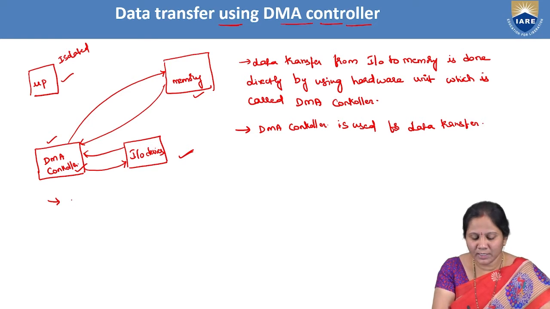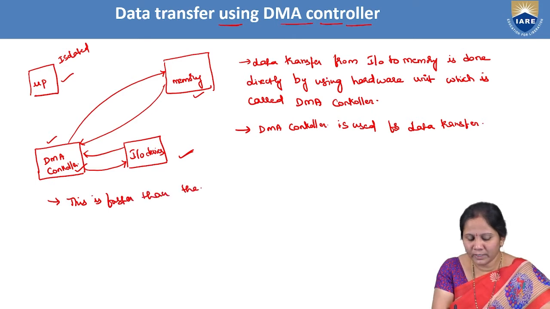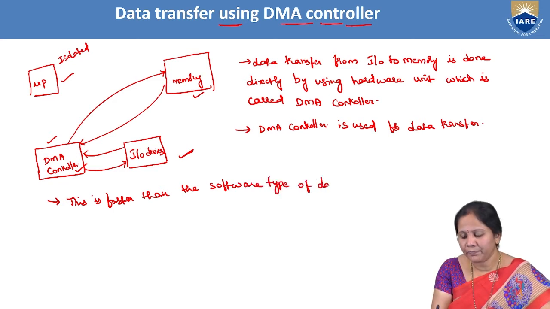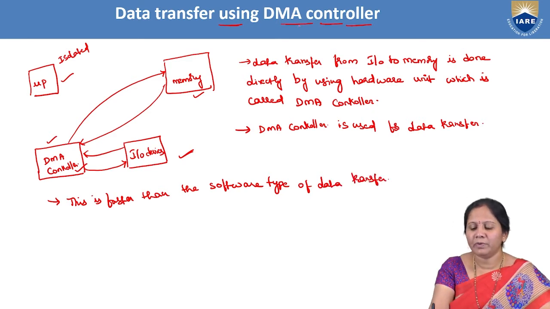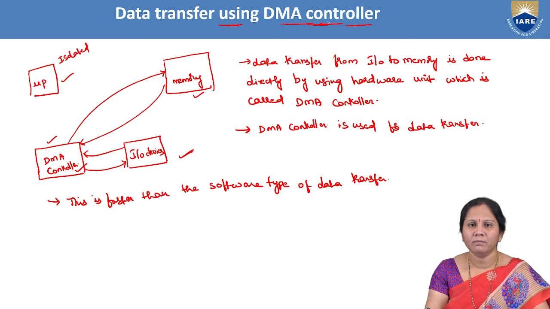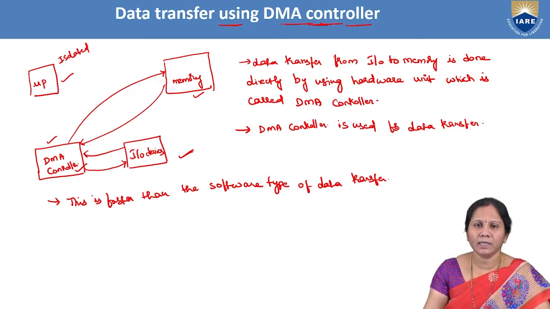That is why we can say this is faster than the software type of data transfer. So we prefer this DMA controller hardware unit in order to transfer the data between IO devices and main memory. This is the advantage of using the DMA controller compared to the conventional method.